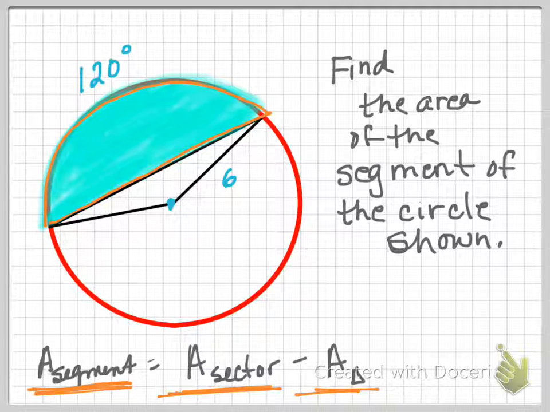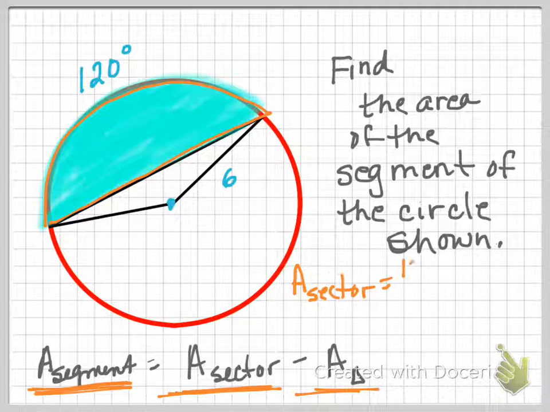So the first thing that we're going to do to find the area of the segment is find the area of the sector. So I'm going to come down here and say the area of the sector equals what fraction of the circle.